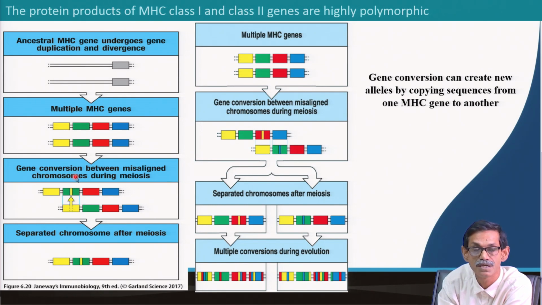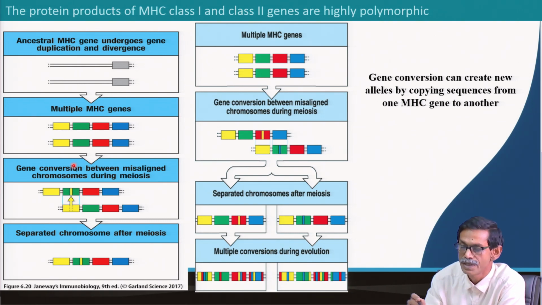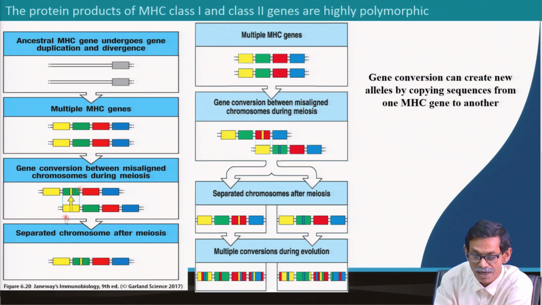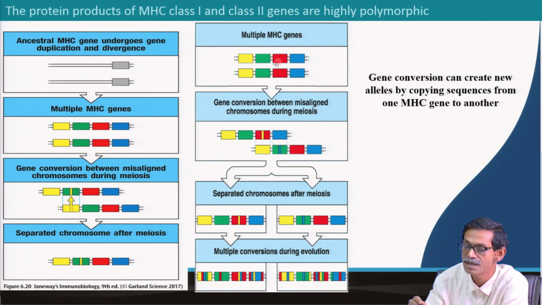Okay. It is not gene recombination, it is gene conversion, which results from misalignment of chromosomes during meiosis. Clear?